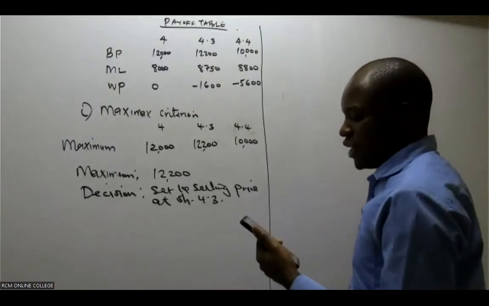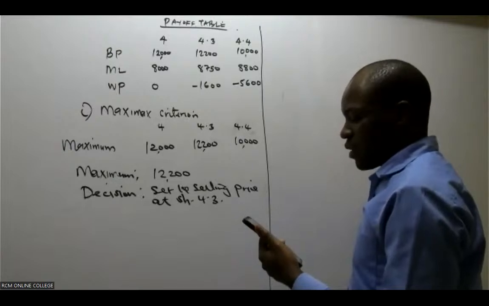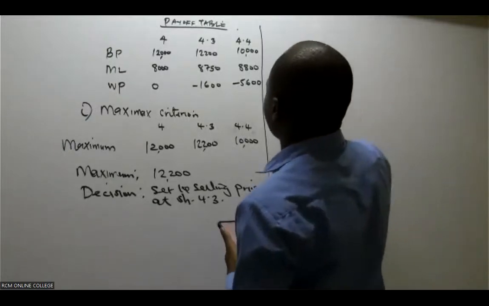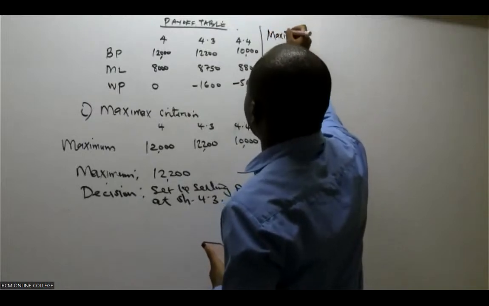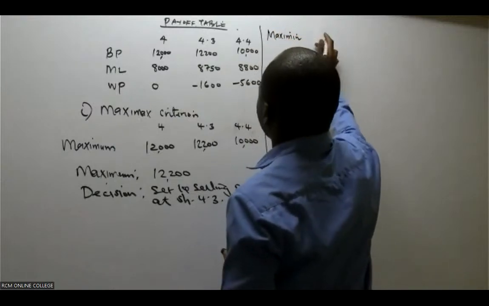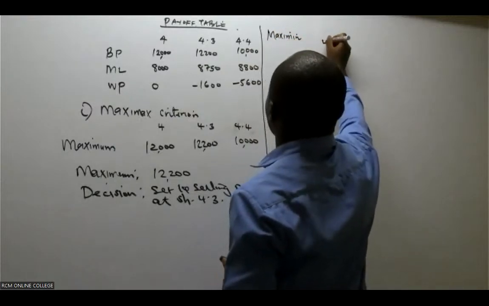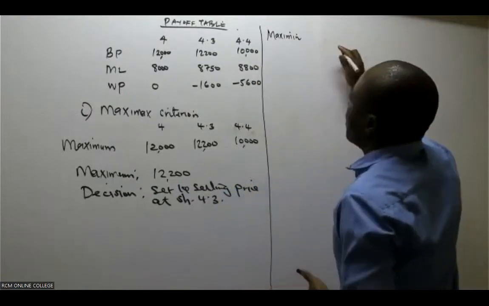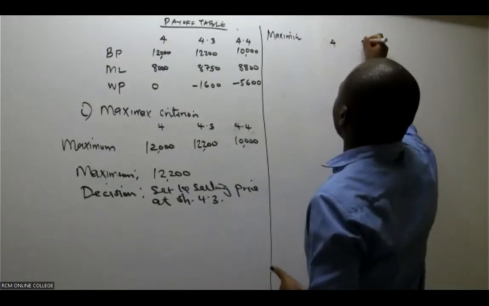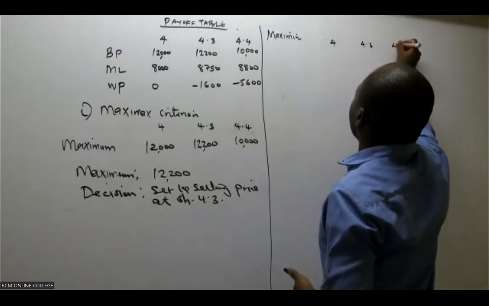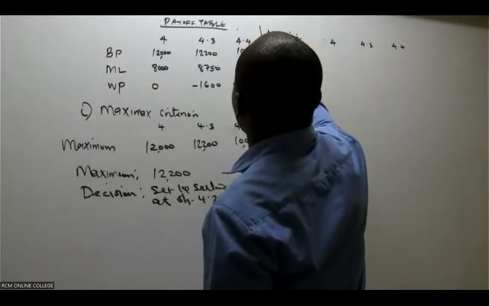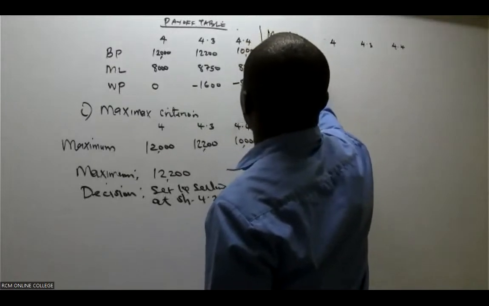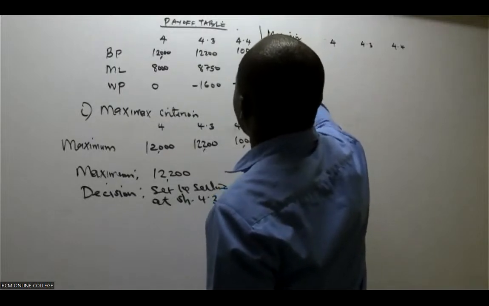Then Roman 2, let's look for the other one. That is maximin. So let's look at the maximin. We are maximizing the minimum figures. So why can't you come and give us under 4, 4.3, 4.4, we look at what we call maximin. Sorry. We are maximizing the minimum figure. So look at the minimum.